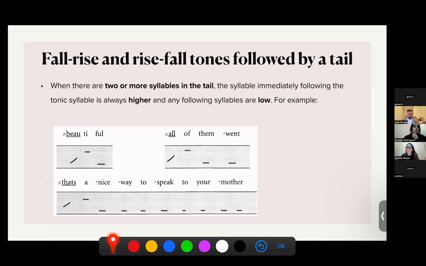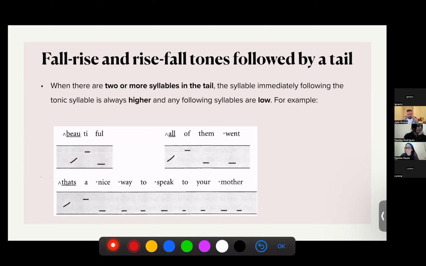So for this example, the first one is going to be rise. The second syllable is going to be rise as well. But after the second one, everything is going to fall.